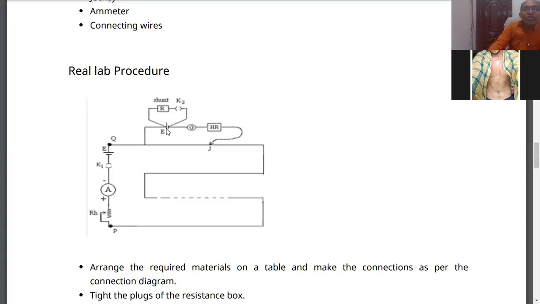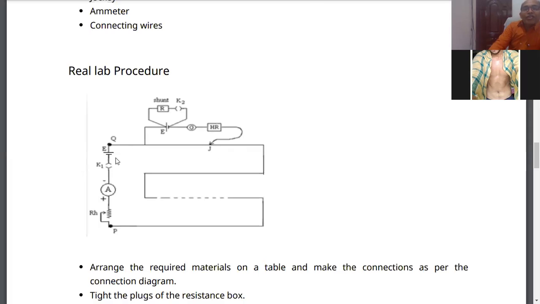One terminal of the cell whose internal resistance is to be measured is connected with the point Q of the potentiometer, or the positive terminal of the potentiometer, and the positive terminal of the battery or Leclanché cell is connected with a rheostat of low resistance, and another terminal of the rheostat is connected with the key K2, and then another terminal of K2 is connected with the negative terminal of the Leclanché cell, and the same negative terminal of the Leclanché cell is connected with one terminal of the galvanometer, and the other terminal of the galvanometer is connected with the high resistance box, and the other terminal of this box is connected with the jockey key.